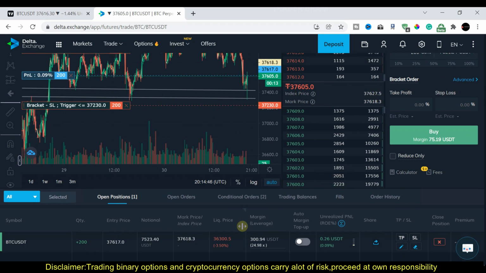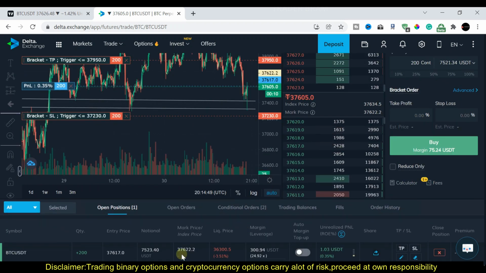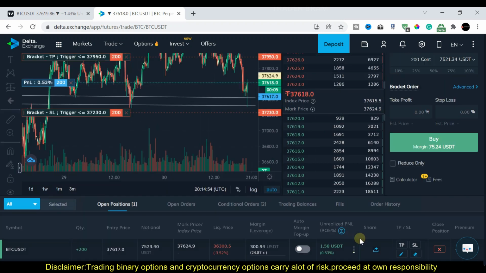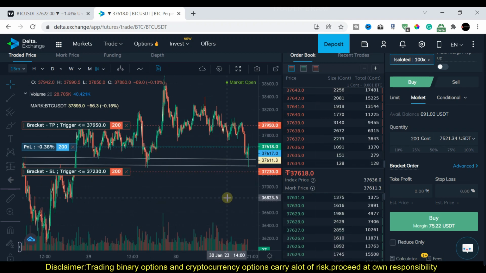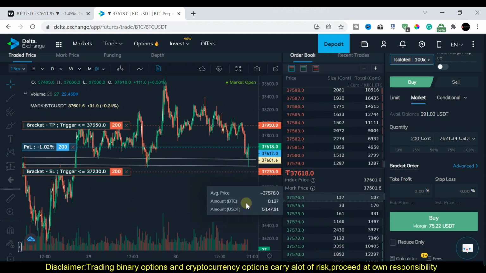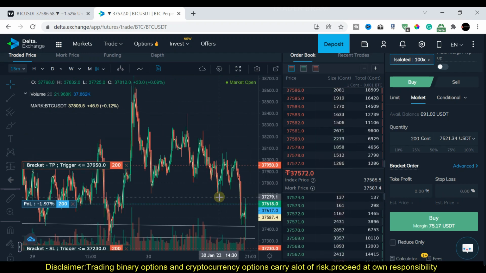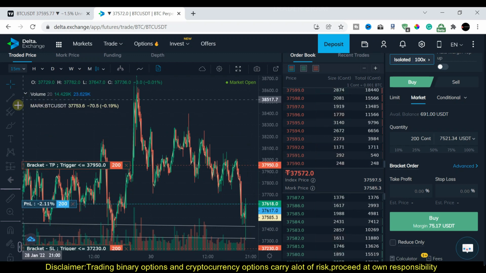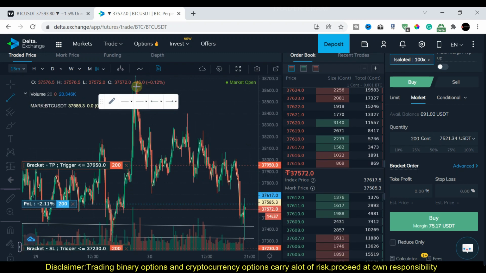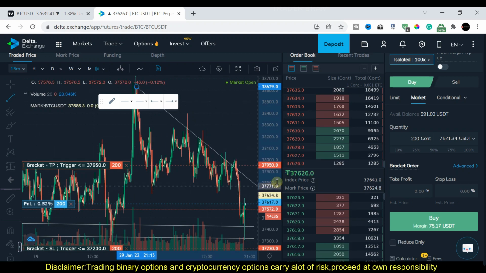So the higher your trading quantity, the higher your margin. So it depends on your account. I can see a trend line, a downward trend line at this place.